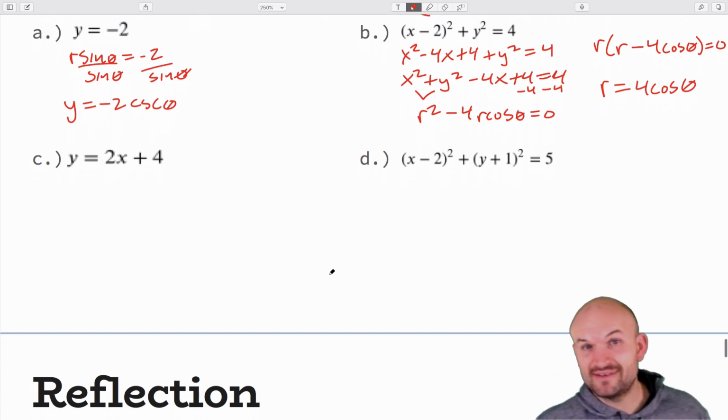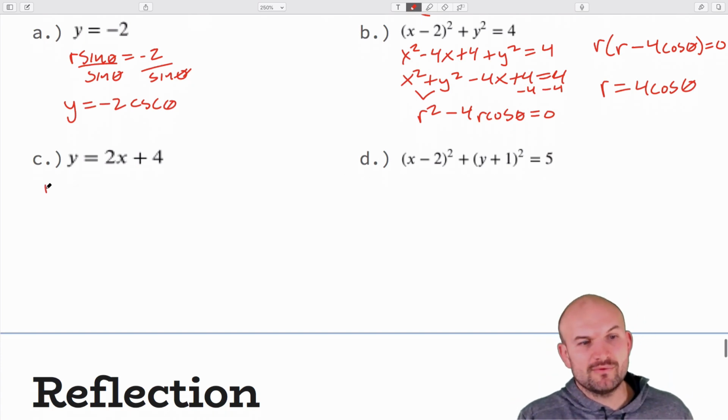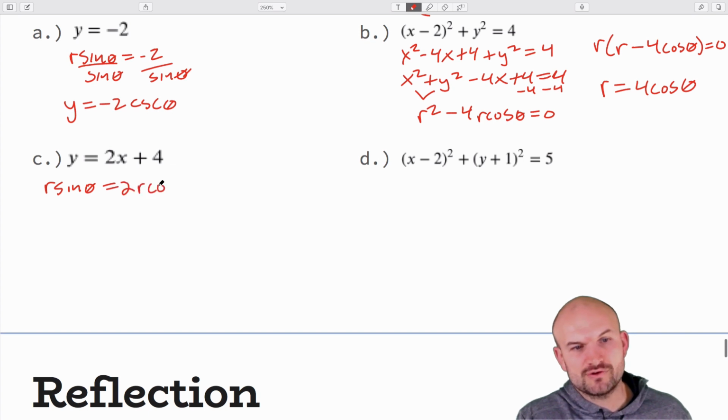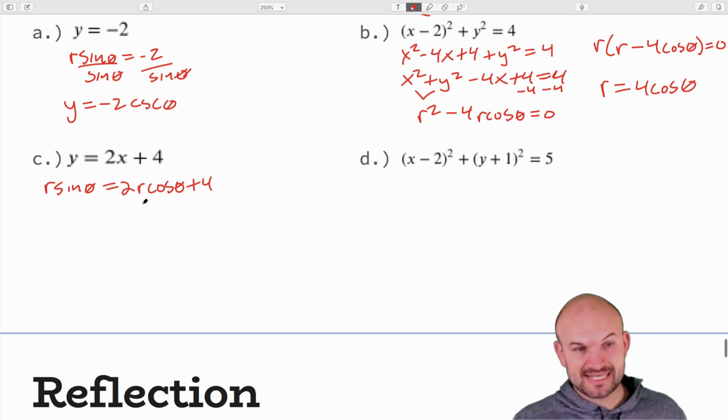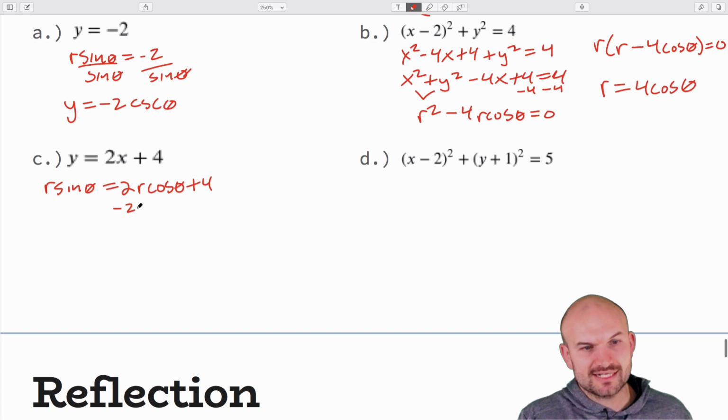For the next example, we have an x and a y. So I'm just going to replace the y with r sine of theta and the x with r cosine of theta. And now to solve for r, I basically want to get the x and y to the same side, so I will subtract 2r cosine of theta.